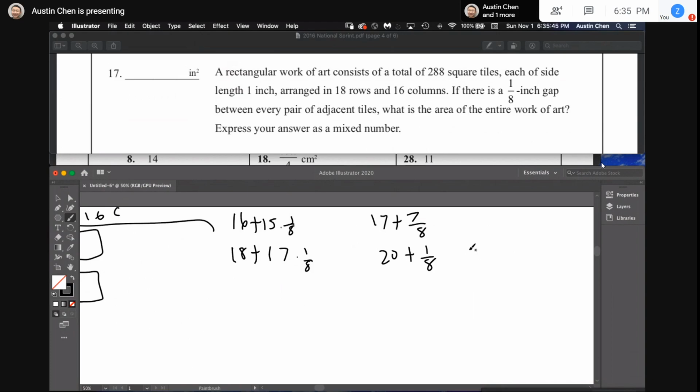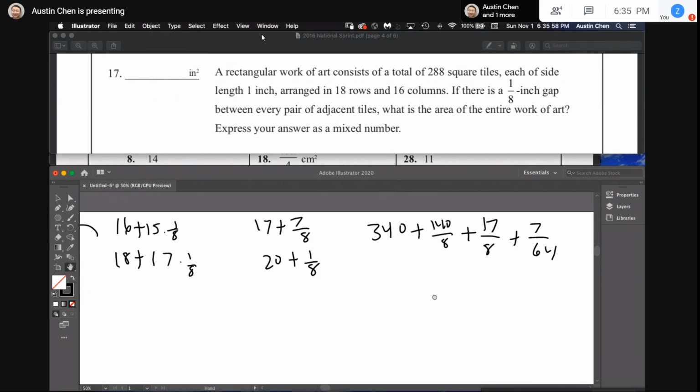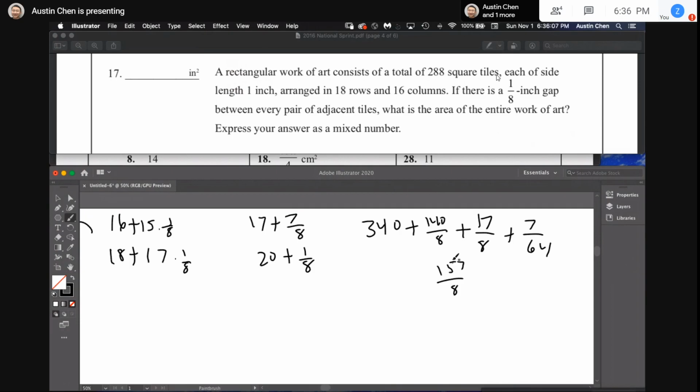So then we'll have 340 plus 1/48 plus 17/8 plus 7/64. So we should try to work with the eighths first. So we're gonna have 157/8. So 160 is gonna be 20 times 8, right?